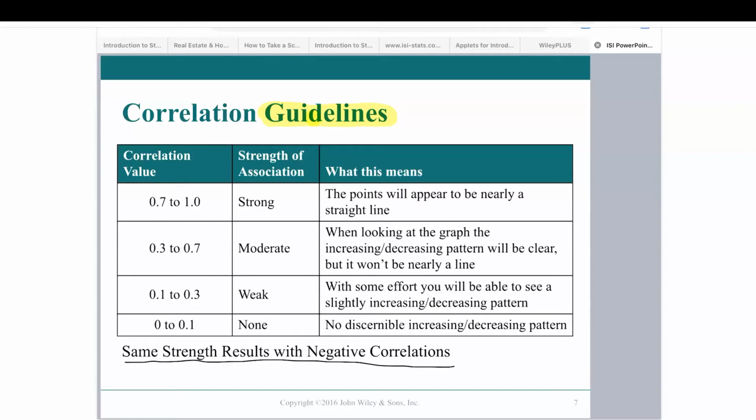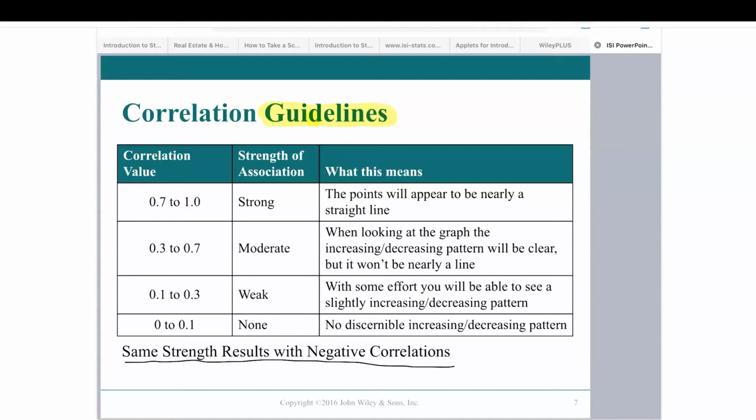Now, I'm going to go back to the guidelines that we had. Again, we can use the far right column in terms of what we visually see with the scatter plot, and now we have the far left column to give us guidelines about the value of that correlation and what that says about the strength of association. And again, notice it says same strength results with negative correlation.